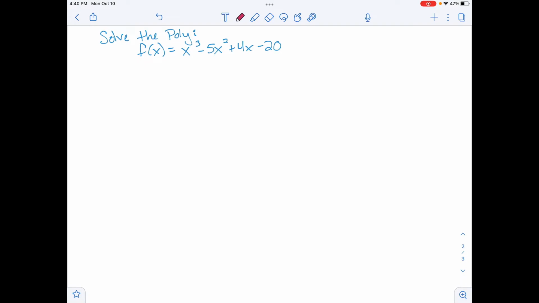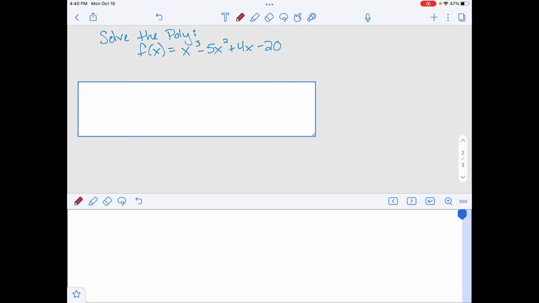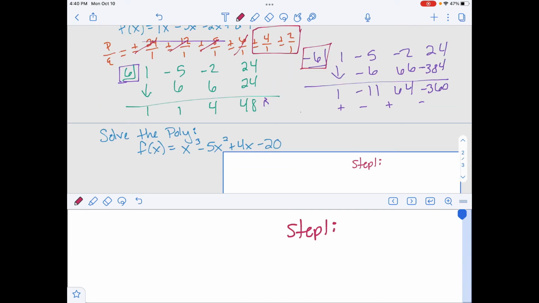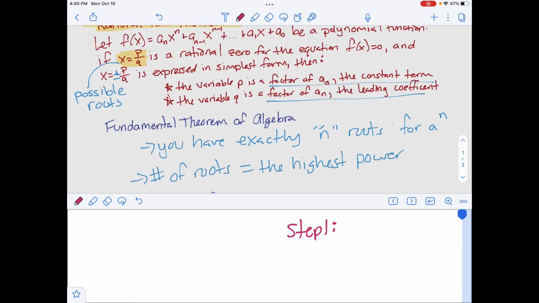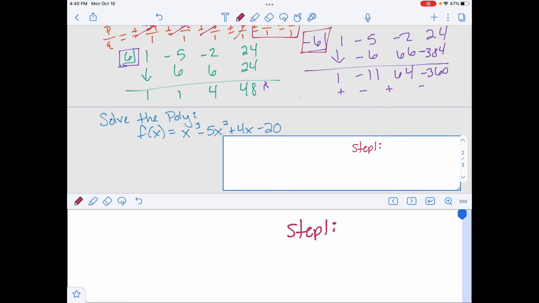So, what did we learn today? Step 1, what was the first thing we learned? The rational root theorem, right? Find the roots. Step 2.